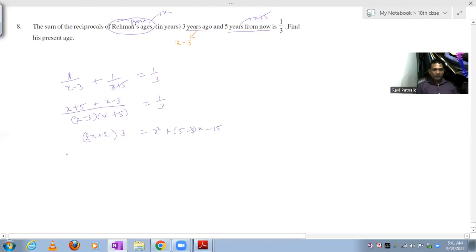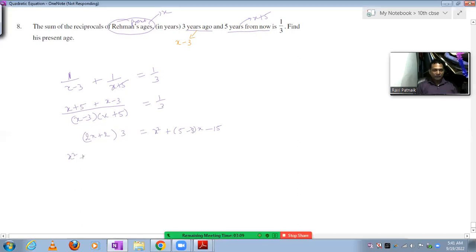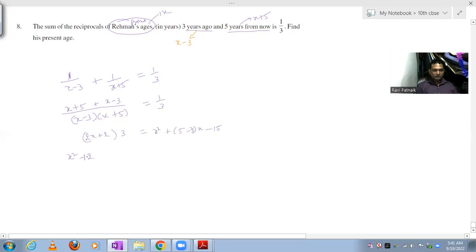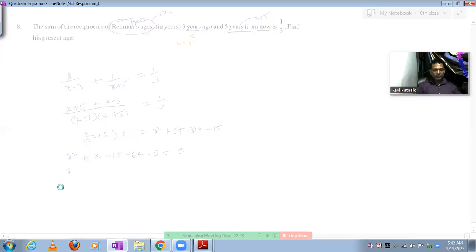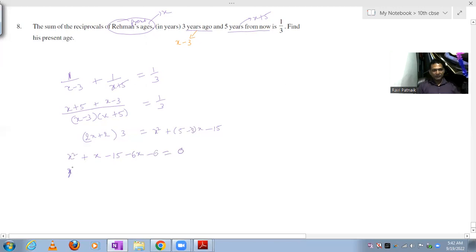So x squared plus 2x minus 15 minus 6x minus 6 is equal to 0. So x squared minus 4x minus 21 is equal to 0.